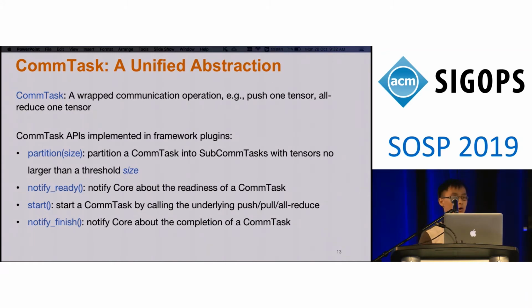The scheduler core calls this interface to partition a large CommTask into multiple sub-CommTasks with tensors no larger than a threshold. And the threshold, the partition size, is a very important system parameter, and I will talk about it later. The remaining 3 interfaces, notify ready, start, and notify finish, are designed for scheduling.